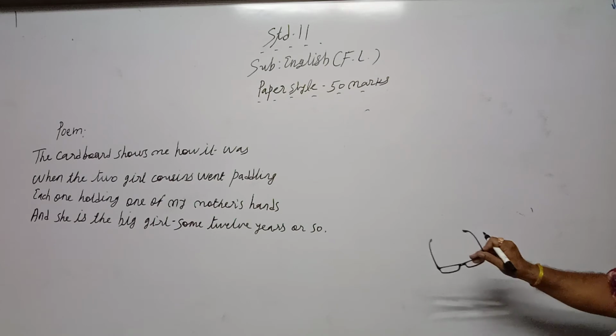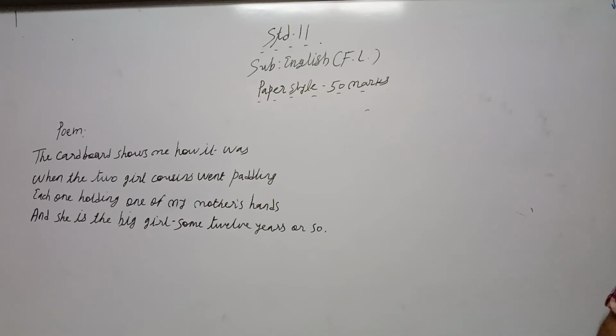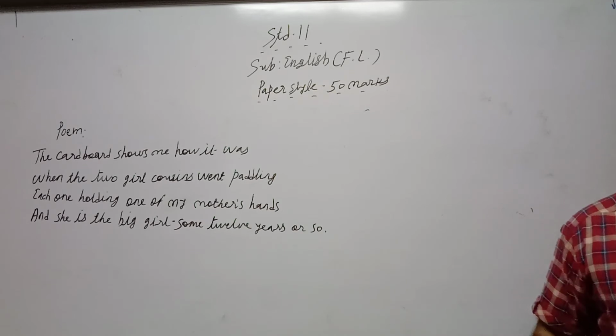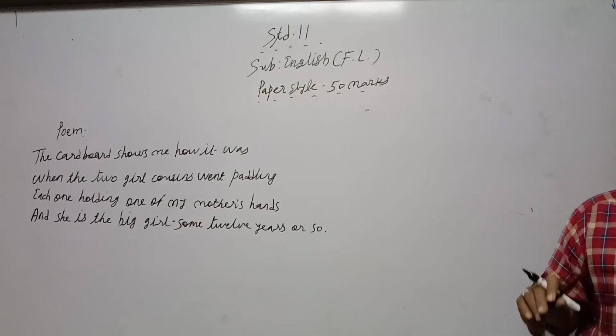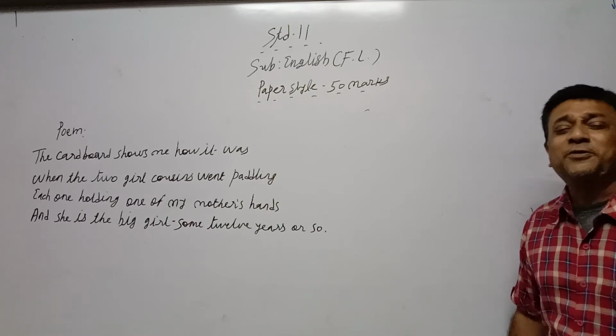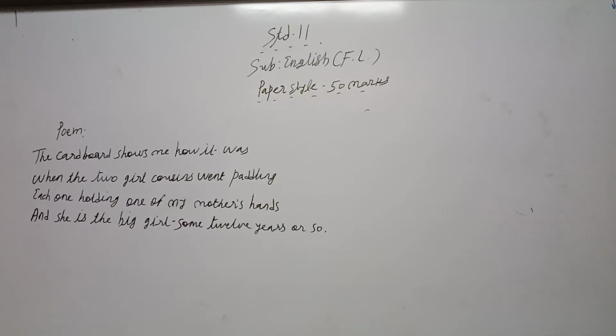This is the paraphrase of this poem. What the poem conveys, you can write anything like this. It is not that there is only one specific answer. So the paraphrase of the poem is written in this way. You have to understand the poem and write it in your own words.